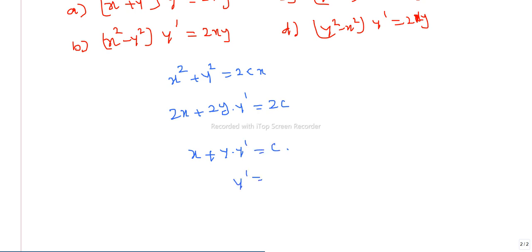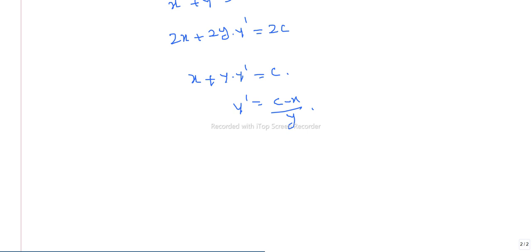Otherwise, if you want, you can replace this c by x square plus y square by 2x. So y dash equals c minus x by y. Now, you have to replace y dash by minus 1 by y dash, therefore minus 1 by y dash equal to c minus x by y.